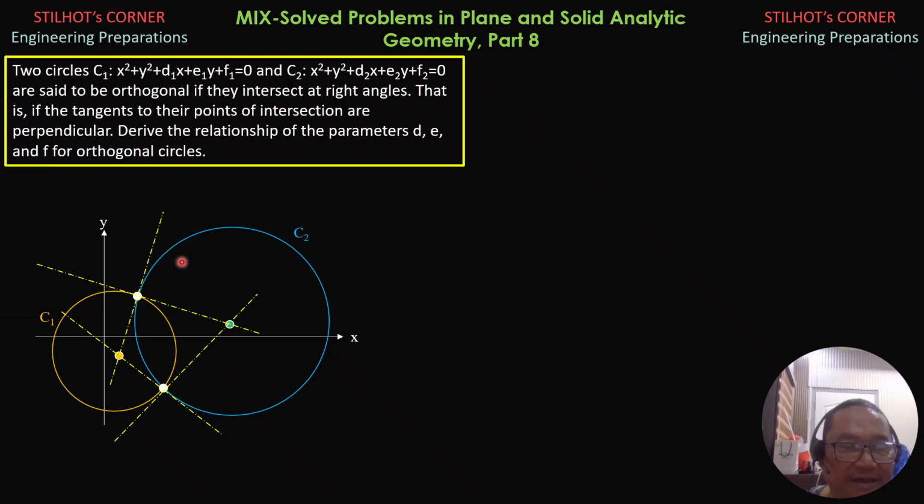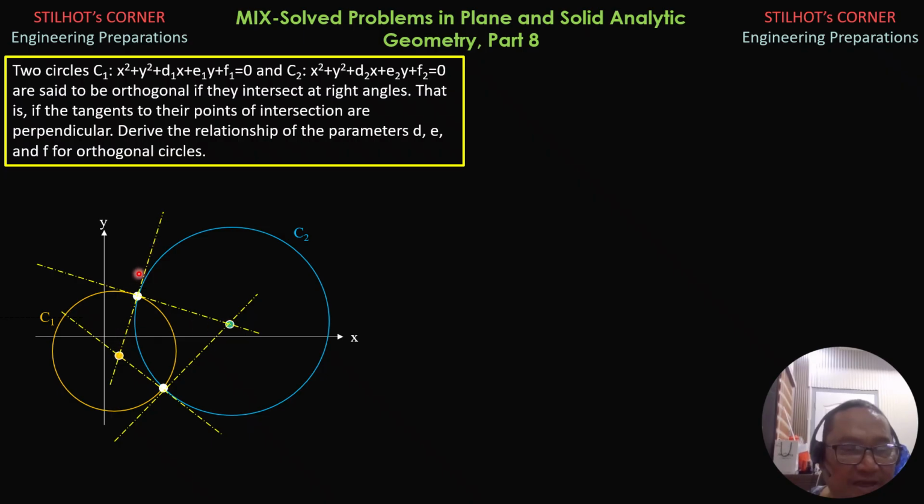Circle 1, the orange one, and the blue one is circle 2. There are 2 points of intersection. Then at one point of intersection, the tangent to the smaller circle passes through the center of the other, because the two tangents must be perpendicular to each other, and the tangent lines are perpendicular to the radial lines also.